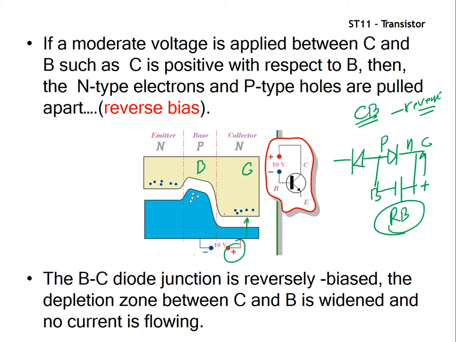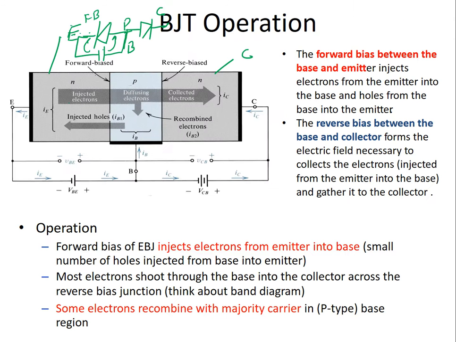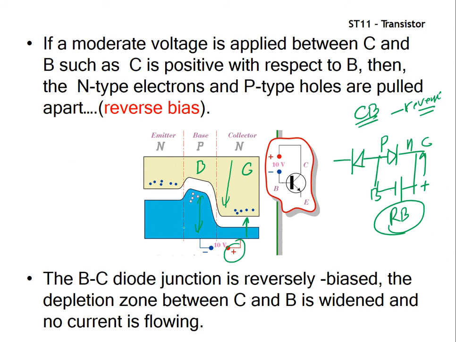This positive terminal will attract the electrons, so the junction size will start increasing. And the negative terminal will attract the holes, so again the junction is increasing. The depletion region between collector and base was this, and now the depletion region is increasing.